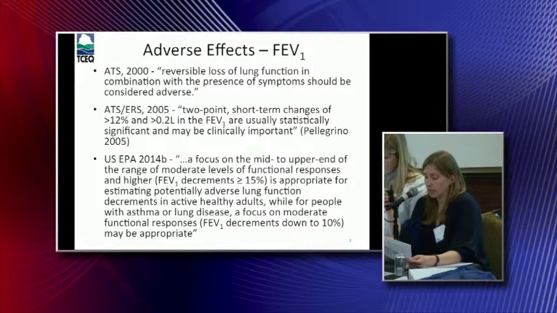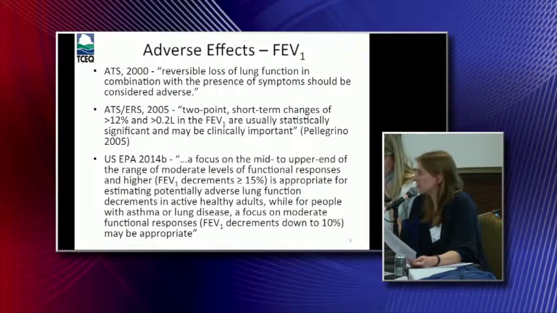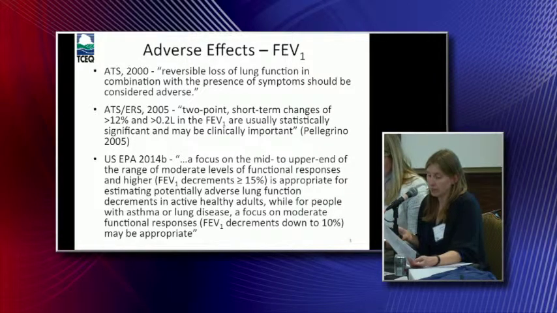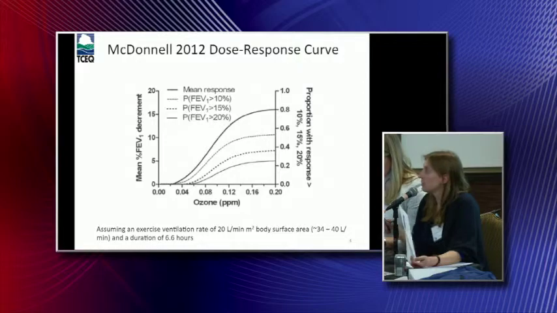And then the bottom is the EPA's numbers that they've been using, where they consider a 10 to 20% change to be moderate, the lower end of that to be of interest for sensitive people, for potentially sensitive populations, particularly those with lung diseases such as asthma, whereas perhaps a 15% decrement is more relevant to healthy adults. So that's there for your reference.